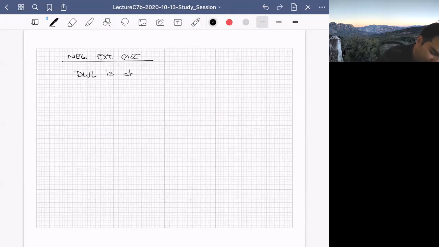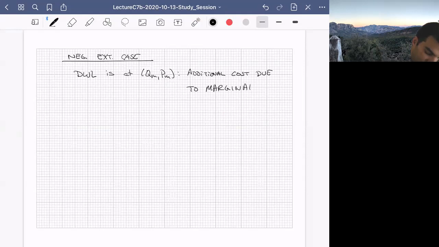So at the market, QM comma PM. And that is the additional cost due to marginal damage relative to the Q star P star case.